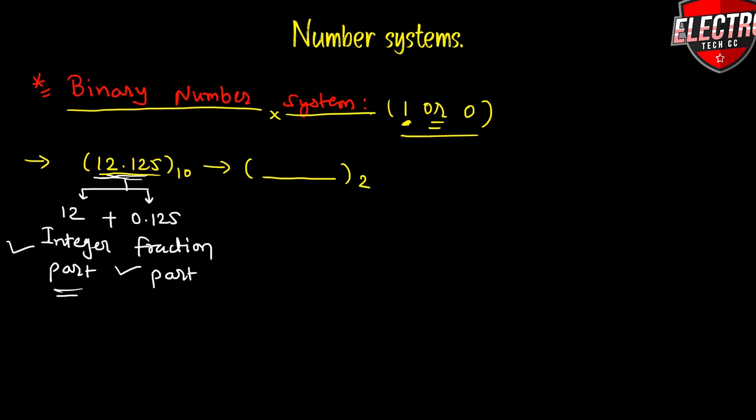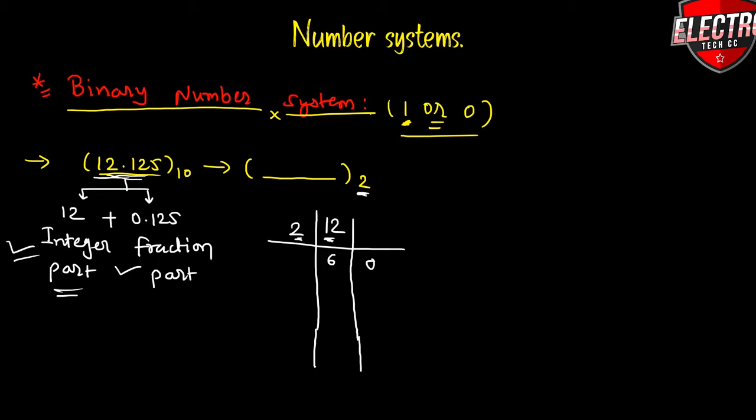The first step is to write the integer part and divide the given number by 2, because we want to convert from the decimal number system to the binary number system.